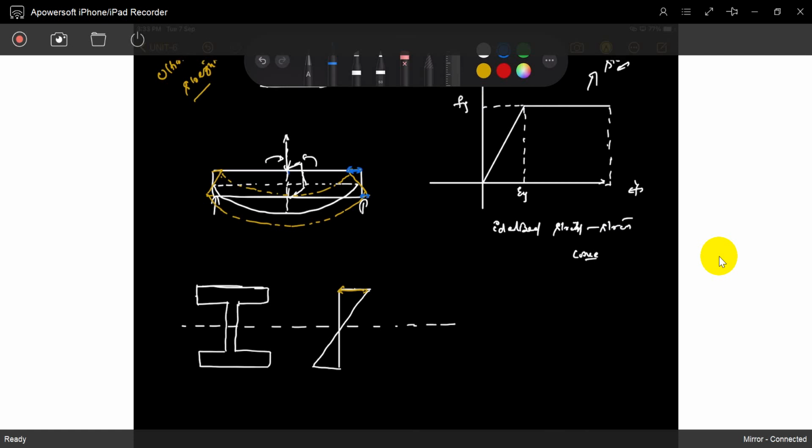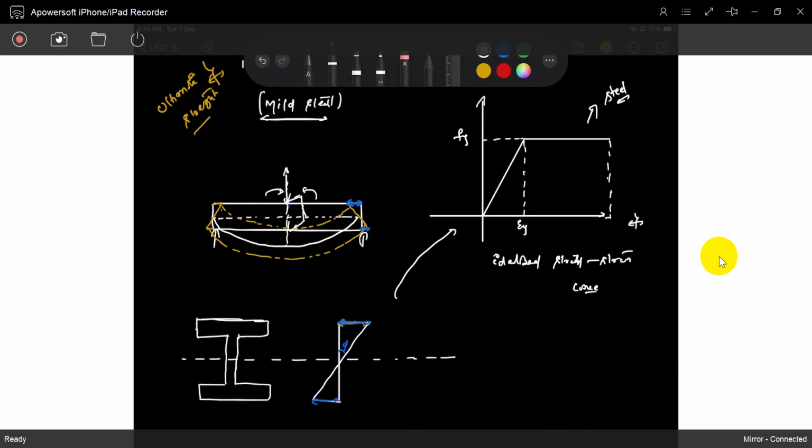This is theta, that is the curvature. Based on that, this is compression and this is expansion. This is the strain curve. Based on that strain, we go to the stress strain curve.